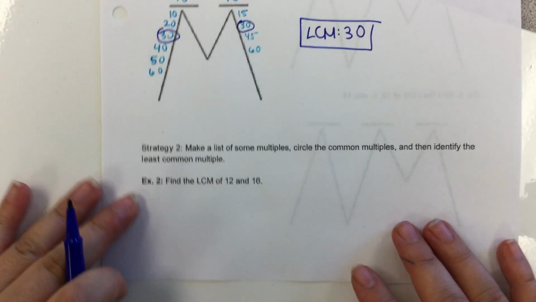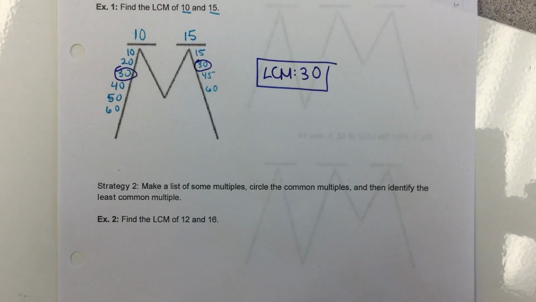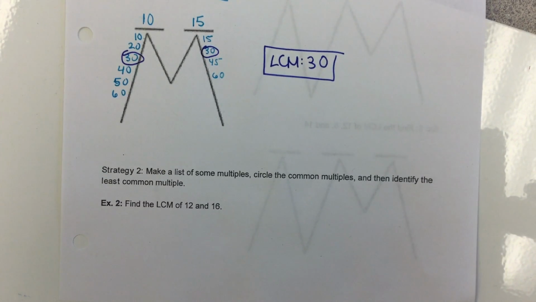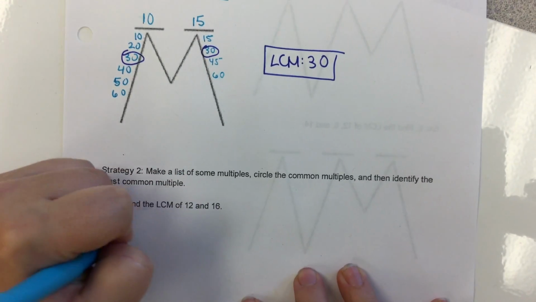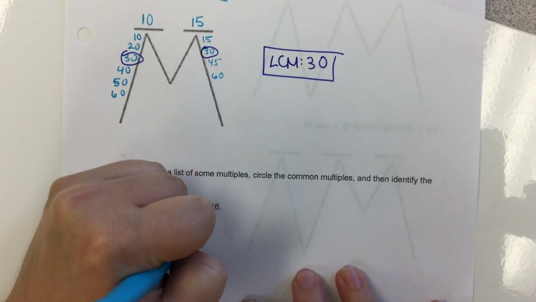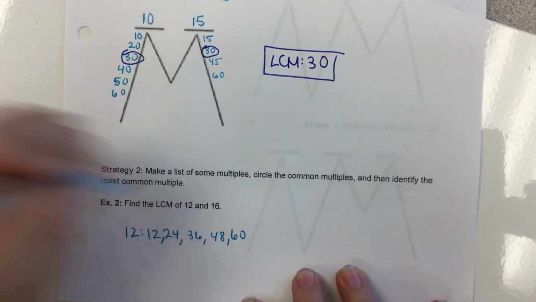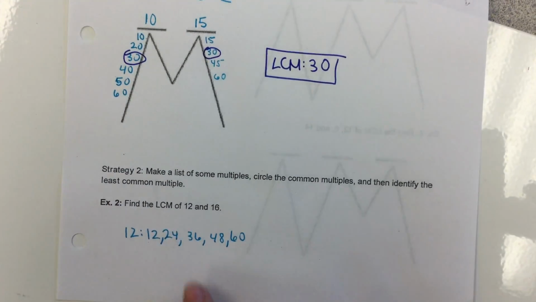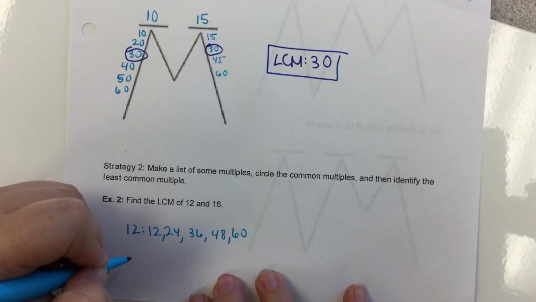All right, now we're going to try a second strategy. The second strategy is to make a list of the multiples, circle the common multiples, and then identify the least common multiple. So again, I'm going to list out all the multiples of 12. Again, I just like to go 4 or 5 multiples first.